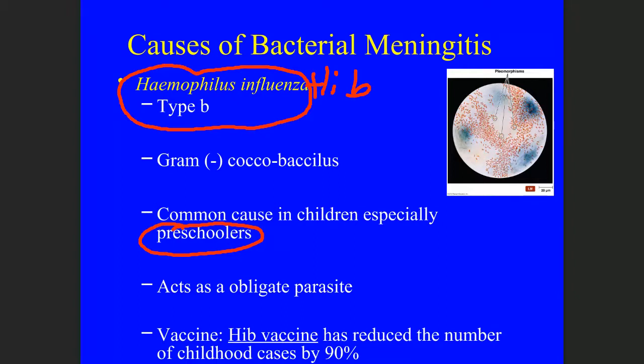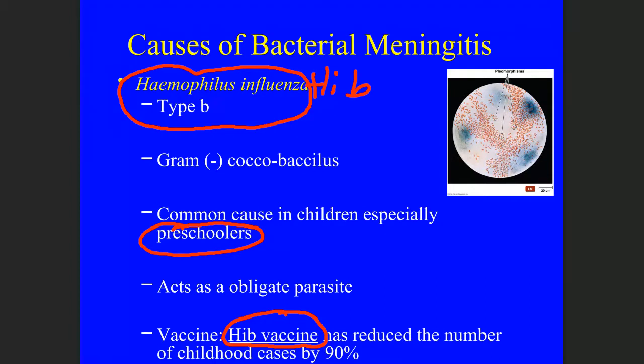We used to see more cases of bacterial meningitis caused by this bacteria. It used to be a really serious childhood disease, but it's not anymore, because most children within the first month or so after they're born receive what's called the Hib vaccine. So the Hib vaccine protects against meningitis caused by Haemophilus influenzae type B. But the Hib vaccine also protects against another disease caused by this bacteria.